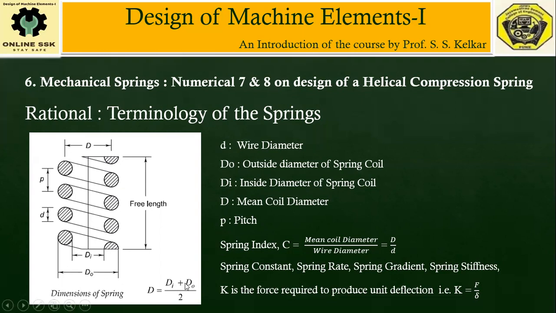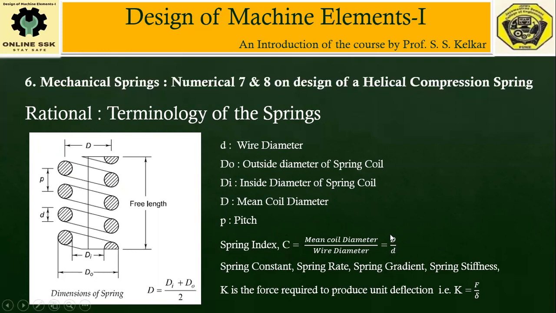The average of di and do is the mean diameter of the spring, capital D. This mean coil diameter, capital D, divided by wire diameter, small d, this ratio is called the spring index and it is denoted by C.